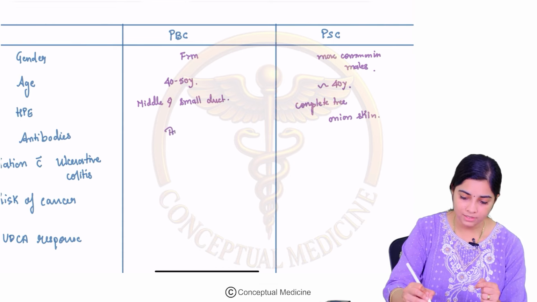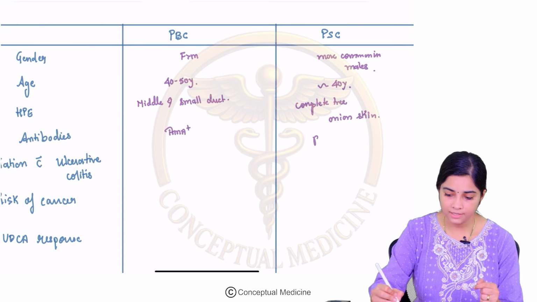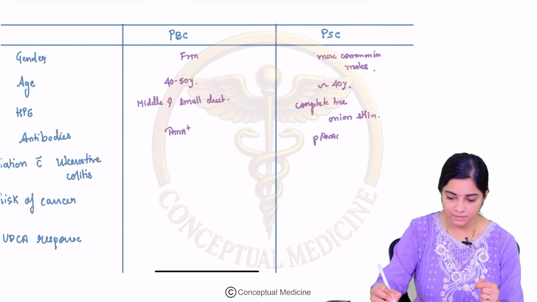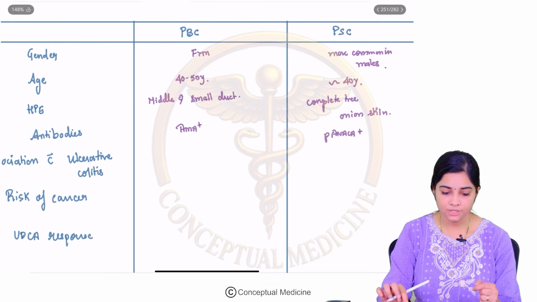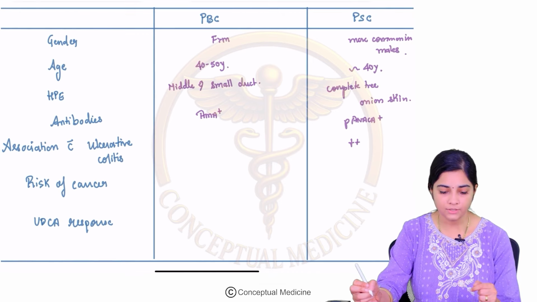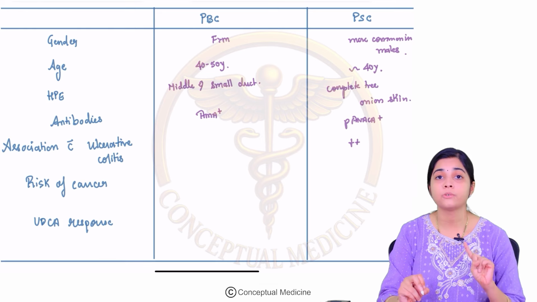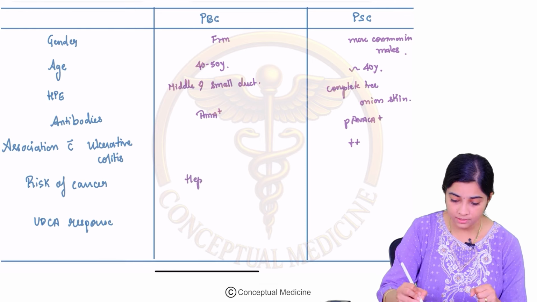What about your antibodies? PBC is AMA positive, primary sclerosing cholangitis is your P-ANCA antibody. Association with ulcerative colitis is more with primary sclerosing cholangitis. Risk of cancer. Primary biliary cirrhosis also has a risk of cancer. Here it is hepatocellular carcinoma.